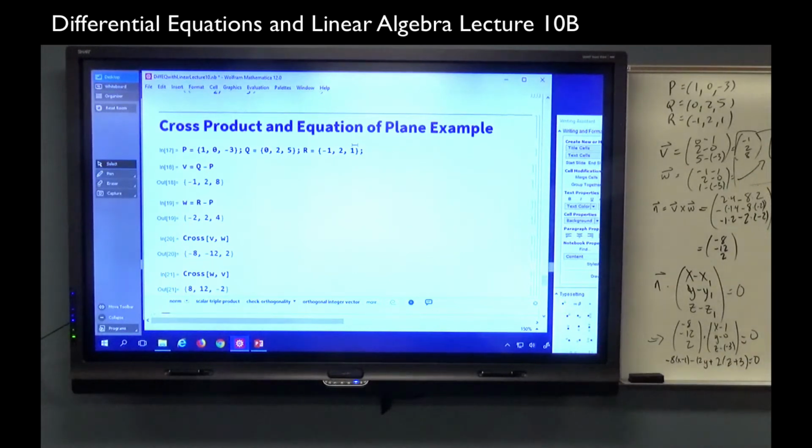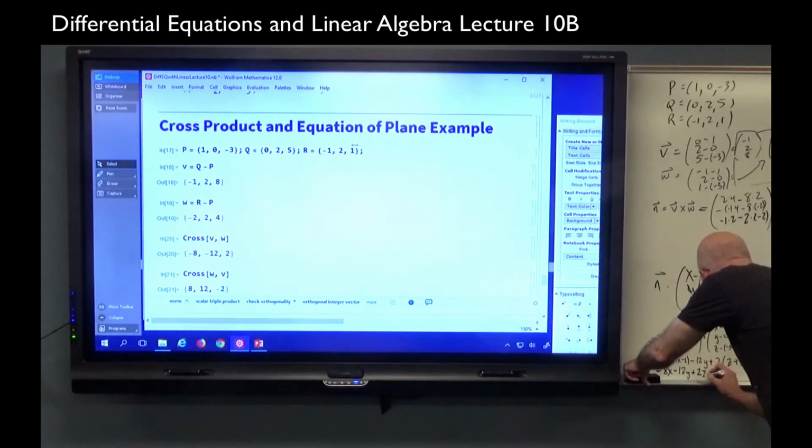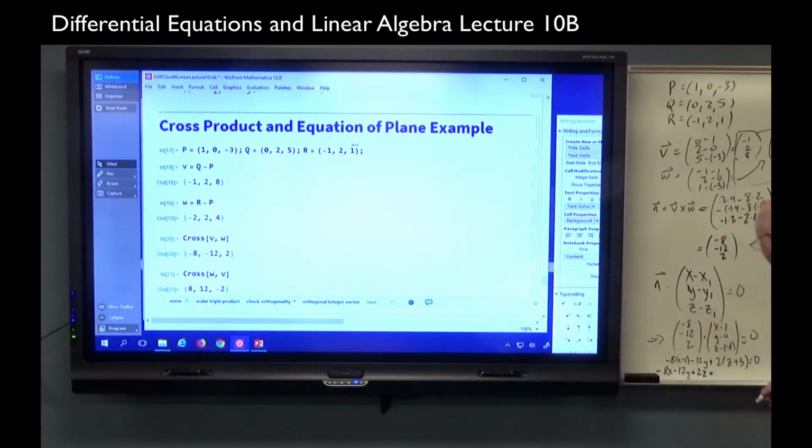And I don't know if I'm out of room here or not. This is going to simplify to negative 8x minus 12y plus 2z equals something on the right-hand side. It'll be the constant term added to both sides. Negative 8 times negative 1 is positive 8. 2 times 3 is 6. 8 plus 6 is 14.